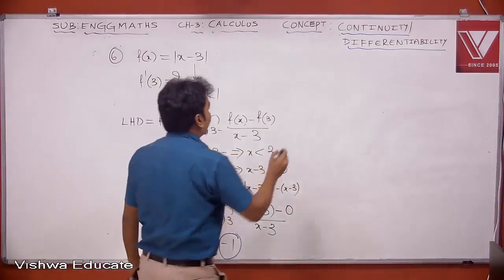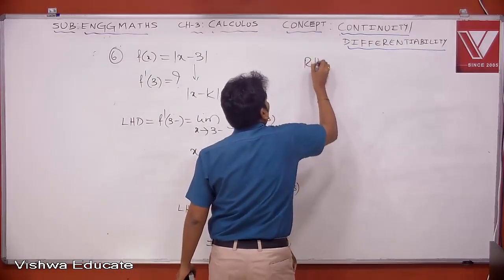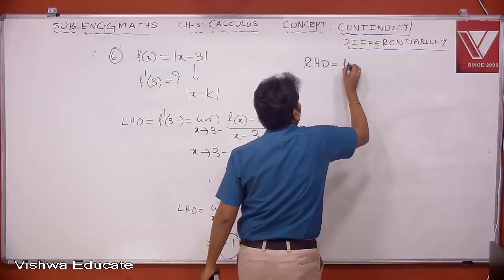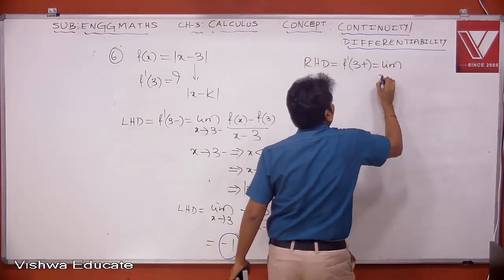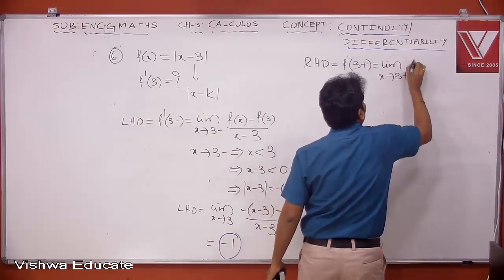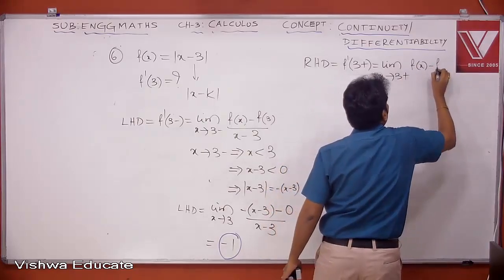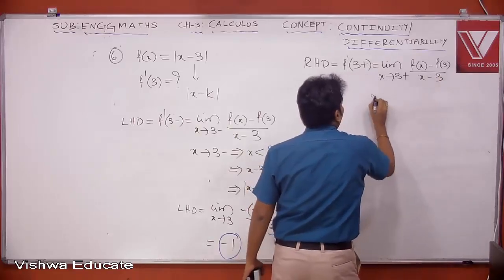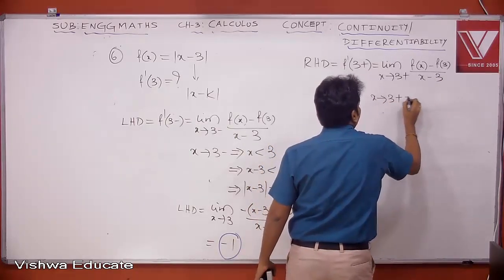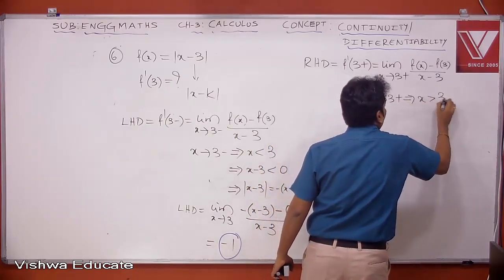Now let us calculate the RHD value. This RHD equal to f dash of 3 plus. This is nothing but limit x tends to 3 plus of f of x minus f of 3 divided by x minus 3. Now here x tends to 3 plus means x values are greater than 3.